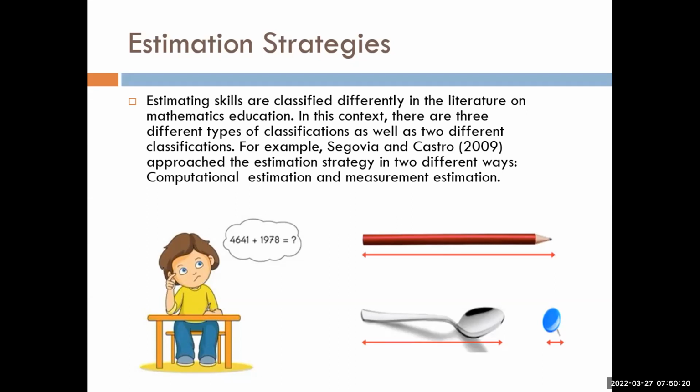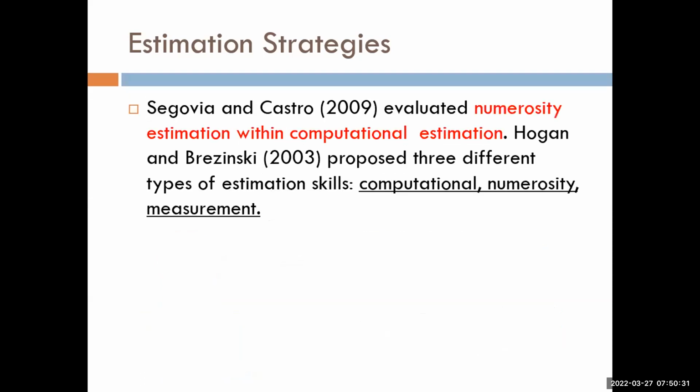For example, Segovia and Castro approach the estimation strategy in 2 different ways: computational estimation and measurement estimation. They evaluated numerosity estimation within computational estimation. And also Hogan and Brezinski proposed 3 different types of estimation skills: computational, numerosity, and measurement.